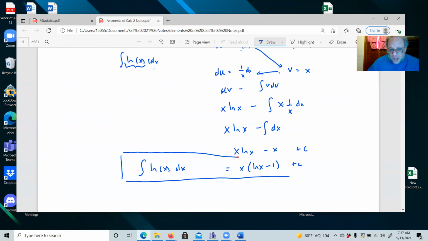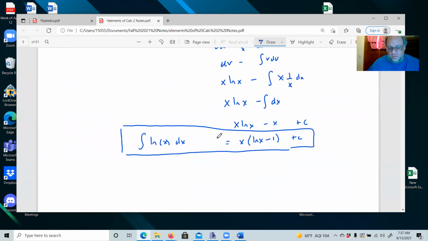The most common issue with integration by parts is students don't recognize when to use it. Okay. Well, not anytime. When you have an f of x, g of x, and you're trying to integrate those, you may not, under any circumstances, separate those functions and say, well, that's f of x times integral of g of x.